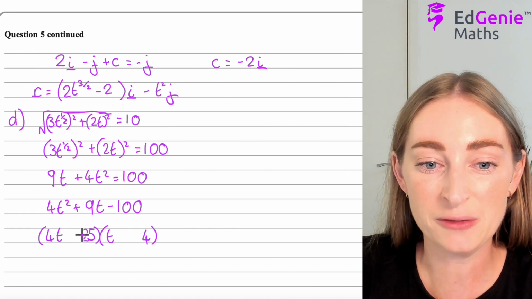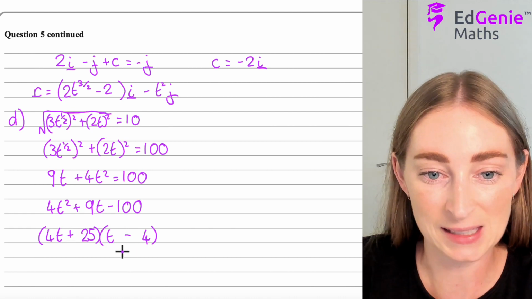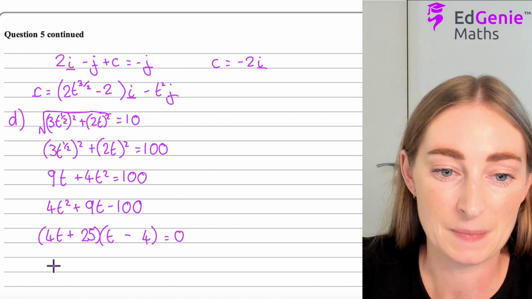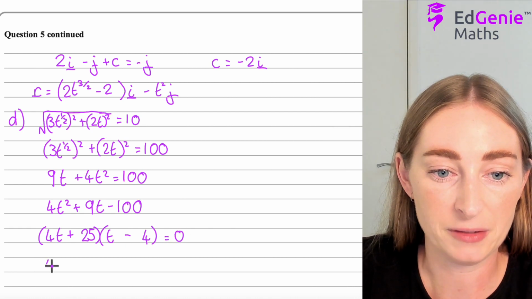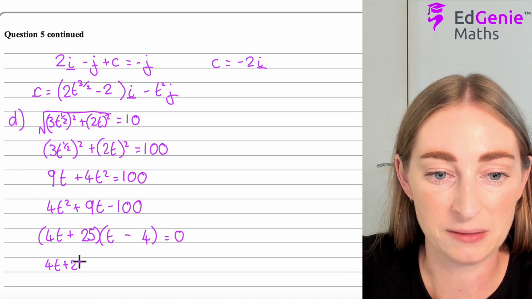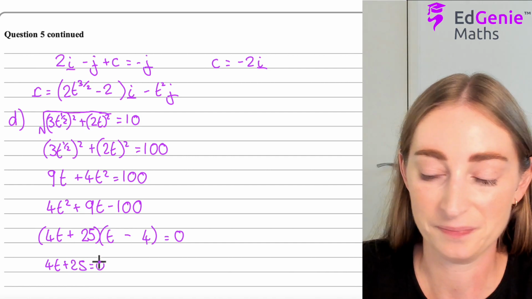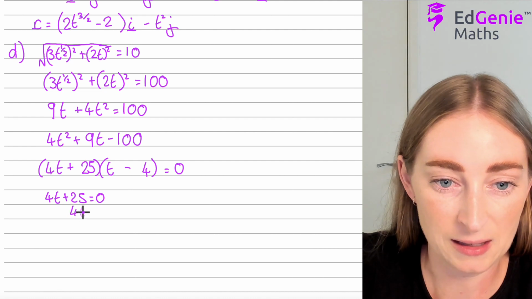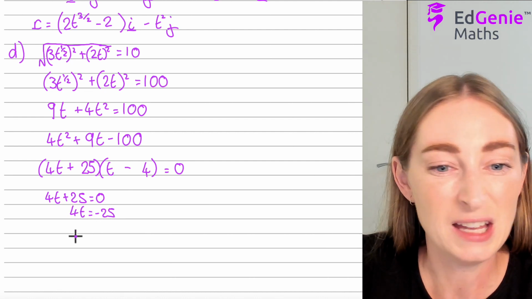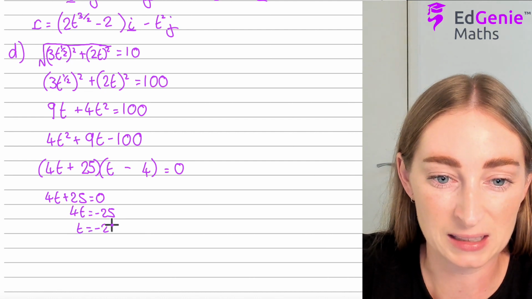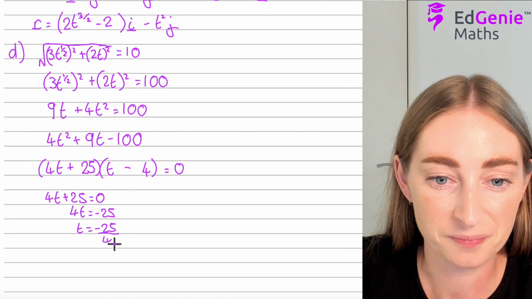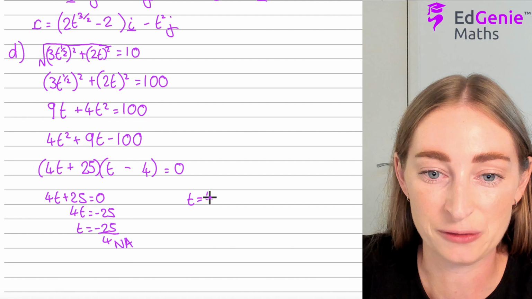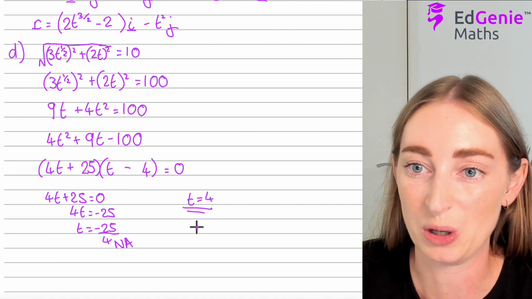So if we do 25t minus 16t, that will give you 9t. And then we have 4t plus 25 equals 0. So t equals negative 25 over 4. It doesn't matter about this one because it's negative, so it's not applicable. And here you can see that t equals 4. So that's the one that we want.